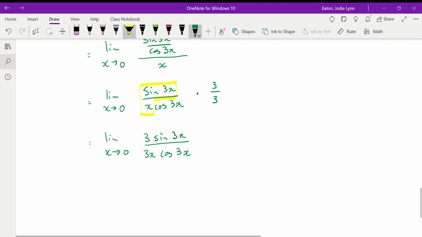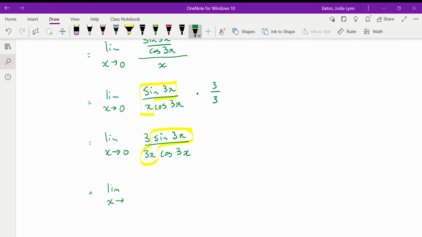So, as I said, the stuff I highlighted in yellow, this is the part I want to go together. This sine 3x over 3x is the same as sine x over x. It's a sine something over something. It doesn't matter what that something is, as long as it's the same something. So I'm going to separate that limit out because we're multiplying. This is the limit of a product. We think of this as being sine 3x over 3x times 3 over cosine 3x.